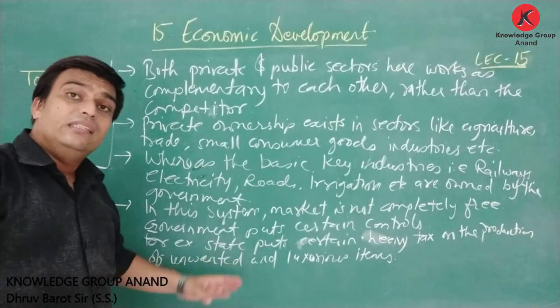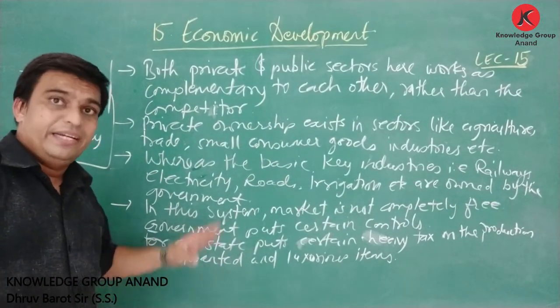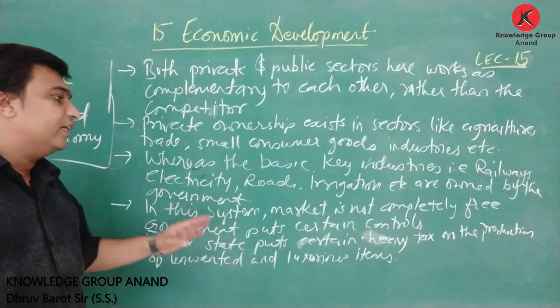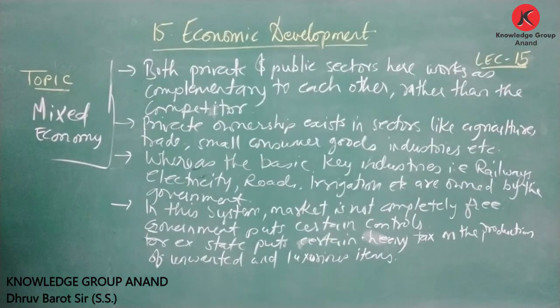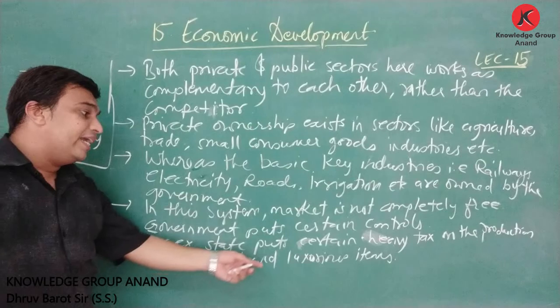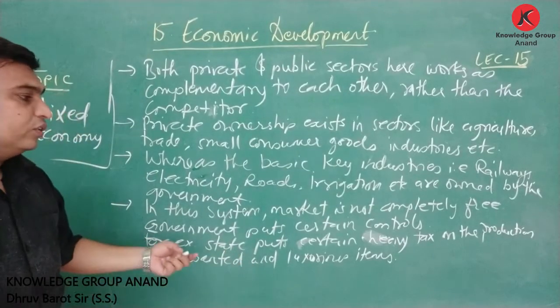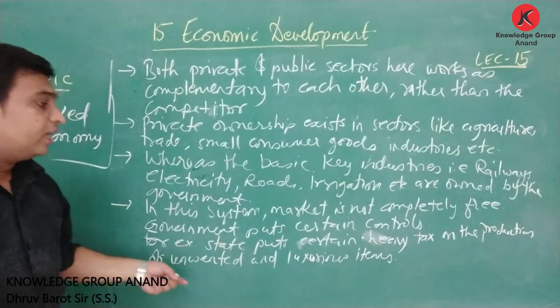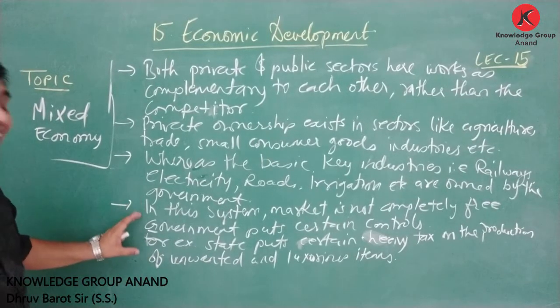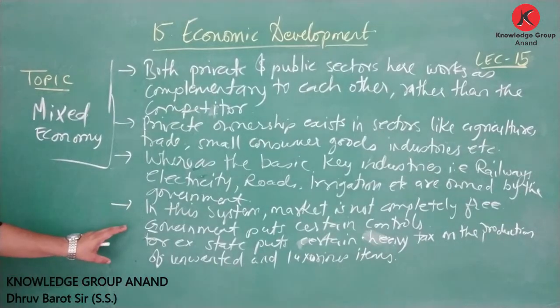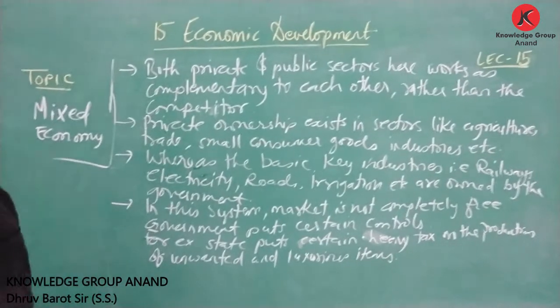Friends, here this system is not completely free. Government interferes in this. Government puts certain control in this system. For example, the state puts certain heavy tax on the production of unwanted and luxurious items, due to which there is restriction in the production of unwanted and luxurious items, so that the resources are not wasted. Here some restrictions are clearly seen by the government in this system.